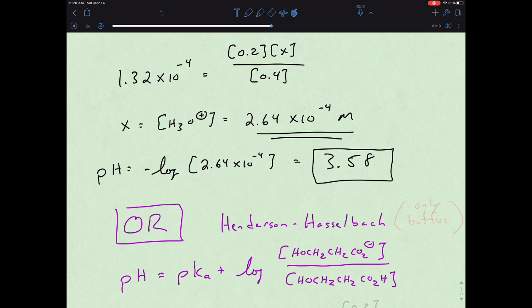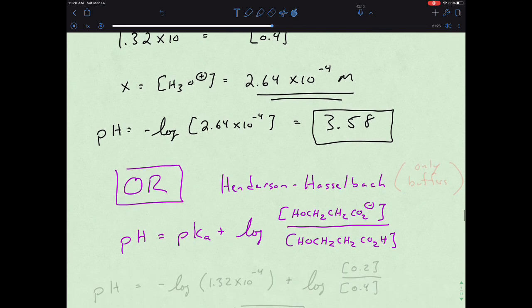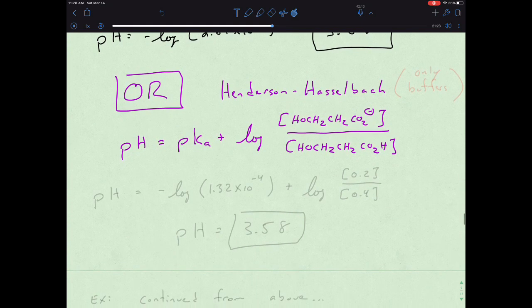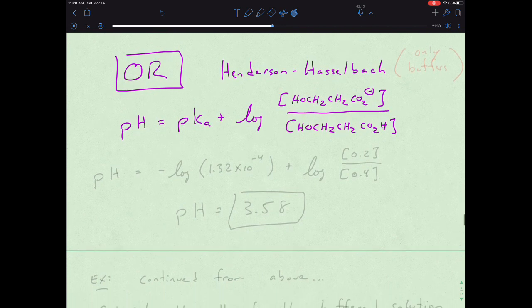So I still have to figure out those new concentrations that we did when we were filling in the ice table. But once I'm done with that, I can really just solve for my pH.